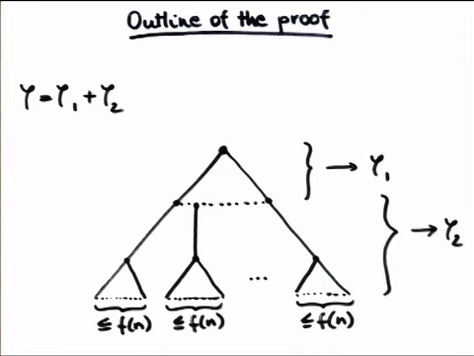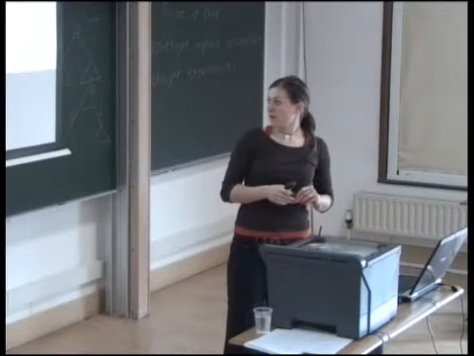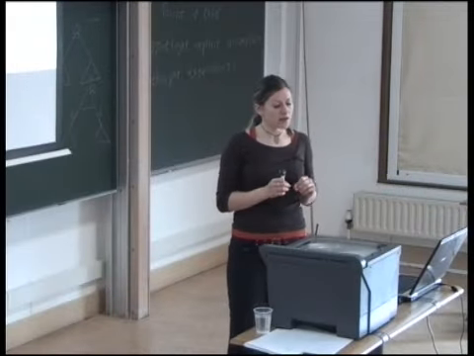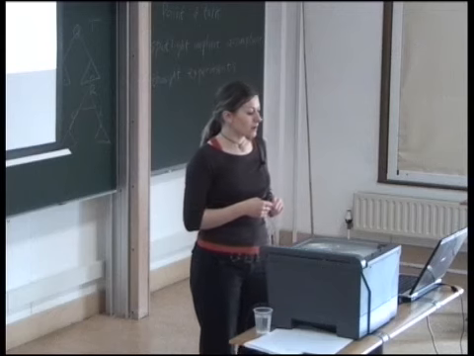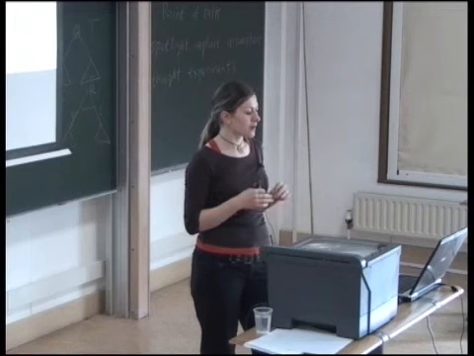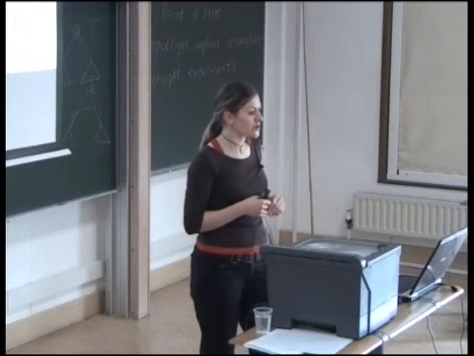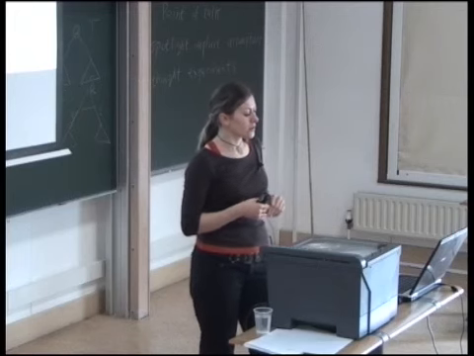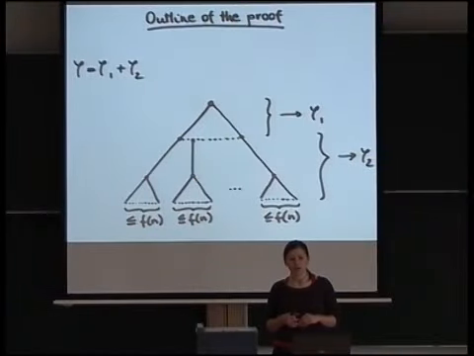These edges have more than f of n species below them, where n is the number of the leaves in the tree, and the function f depends also on the conditions C1 and C2.